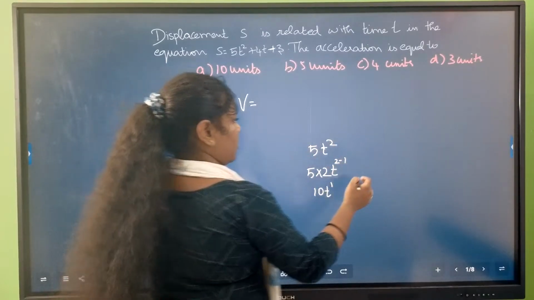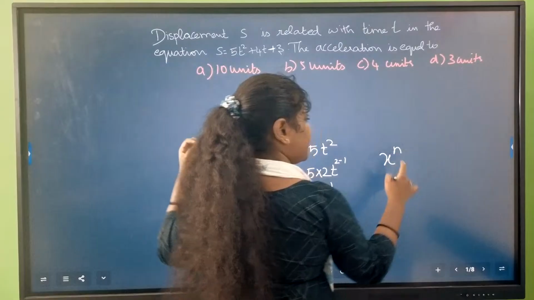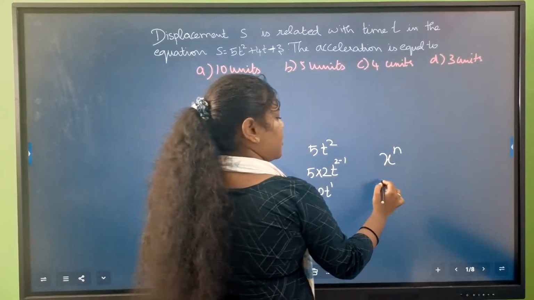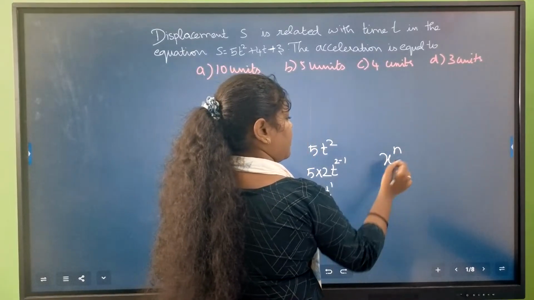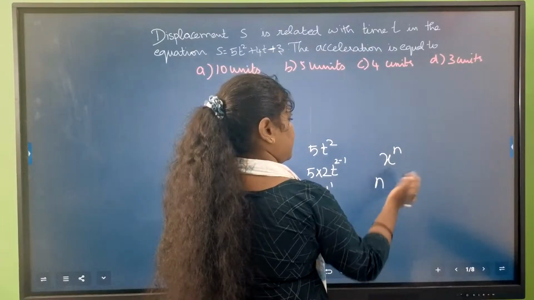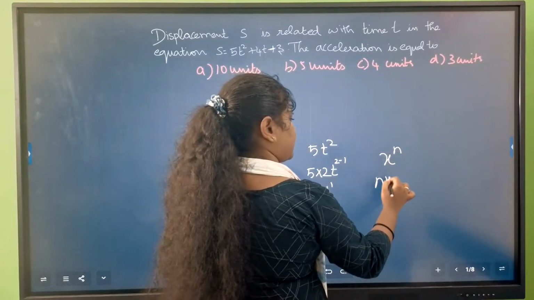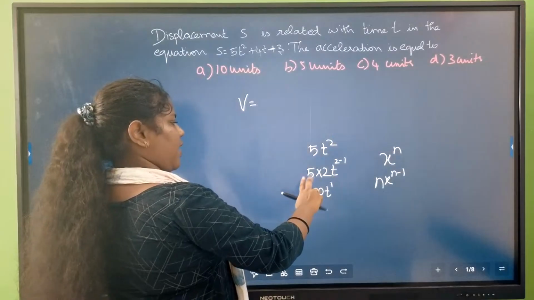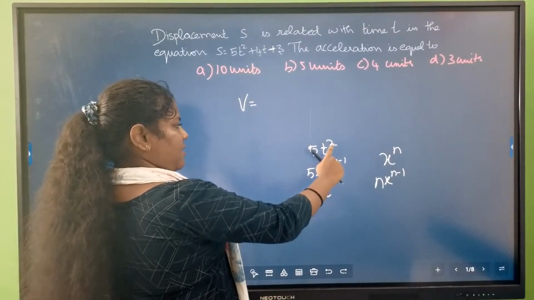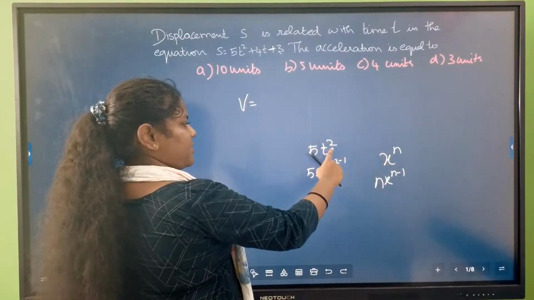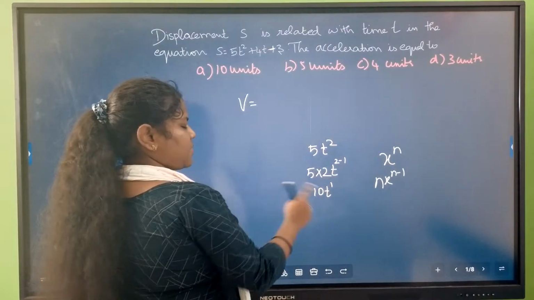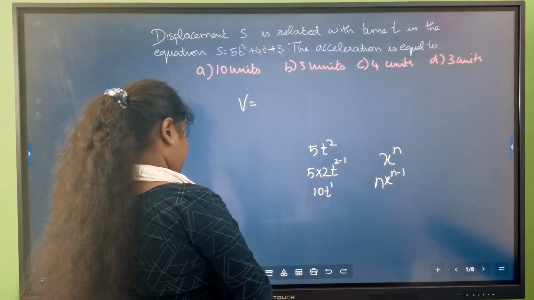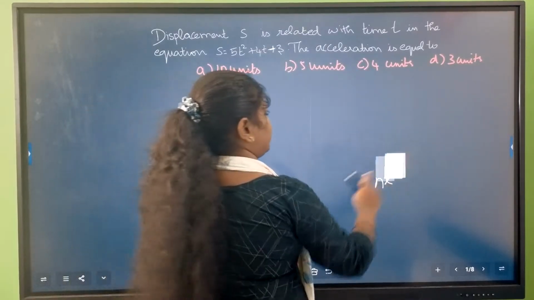This is in the format x power n. If it is x power n, the power should be taken backward and it becomes x power n minus 1. So we have multiplied 2 with 5 and t power n minus 1, which is 2 minus 1, which is 1. So this is your 10t. This is how you have to differentiate.